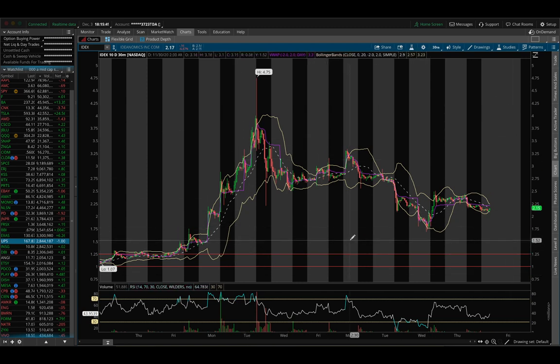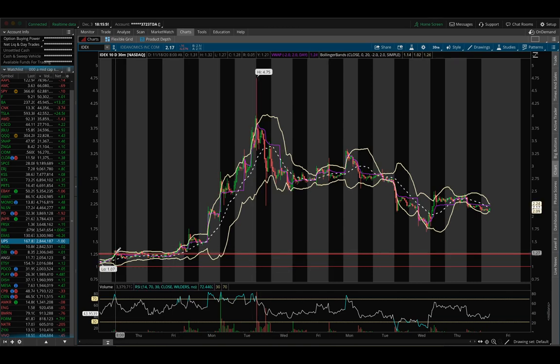Again, I'm trying to look at key points of resistance that turn into support once they're broken, and I'm getting that by drawing through the candle bodies. This is a really simple method, but once you practice it, it's really useful.